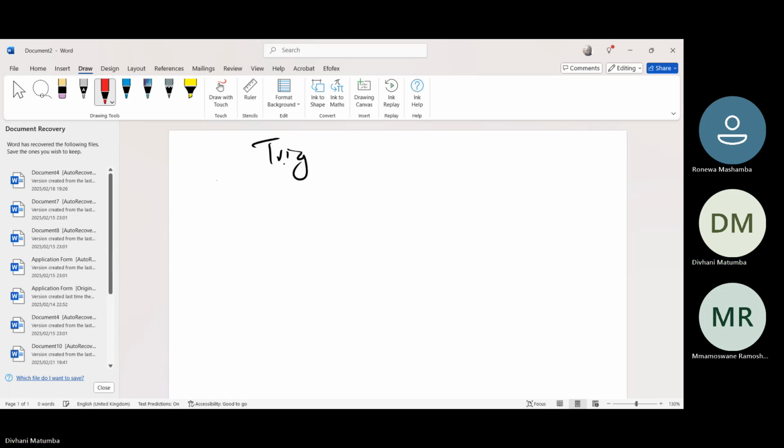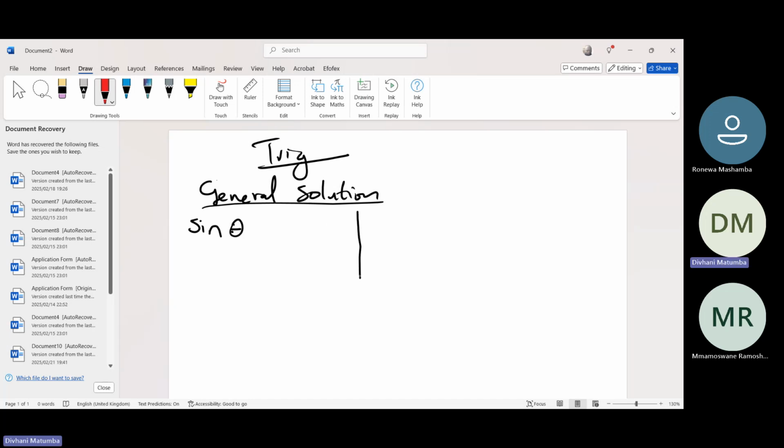So I'm going to be doing general solutions quickly. Okay, a sine graph looks like the following. Before I even draw the sine graph, I want to draw it with you guys.